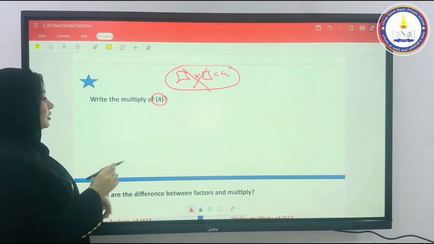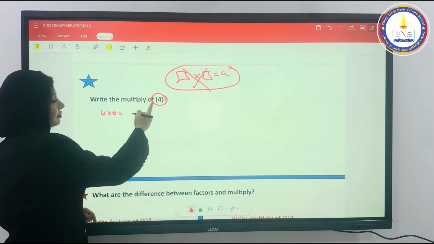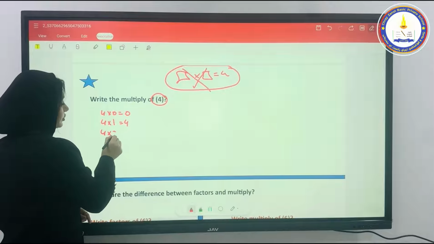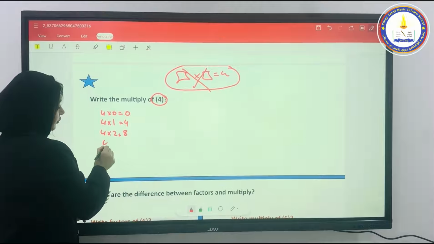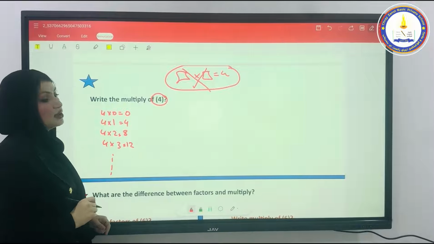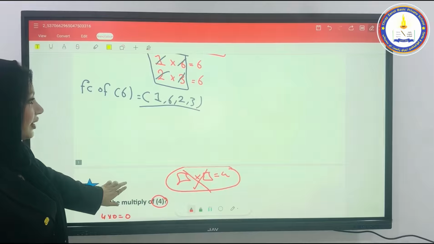We don't need that rule. Just write the multiplication of 4. 4 times 0, 0. 4 times 1, 4. 4 times 2, 8. 4 times 3, 12. And then continue. This is the multiples, and the other one was the factors.